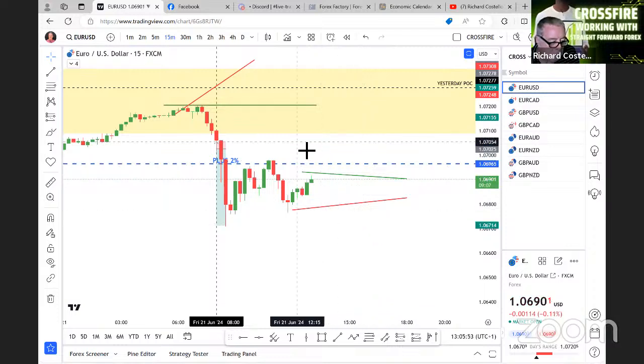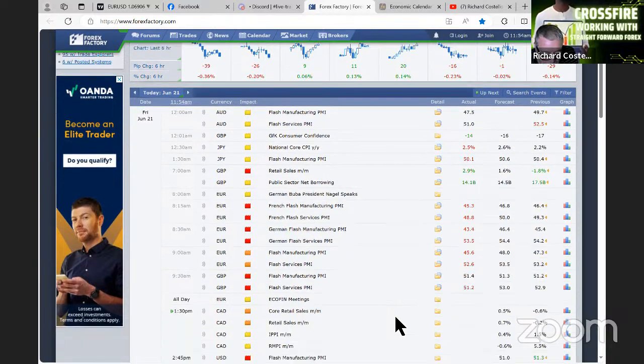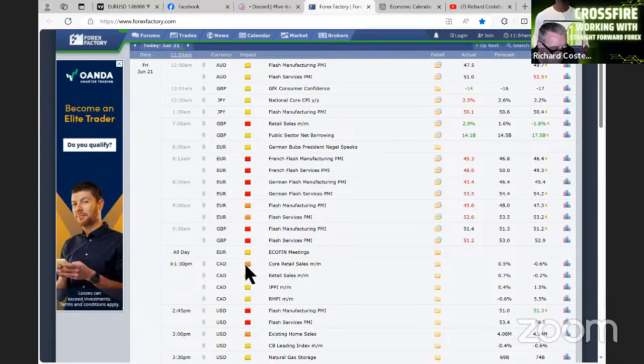I always look at the news before I start trading. So I look at forexfactory.com, and I can see that at 1:30, so that's in 24 minutes time, there's some Canadian dollar medium impact news and low impact news. So there's four items there. That can affect both the Canadian dollar and the US dollar because they're very closely linked.